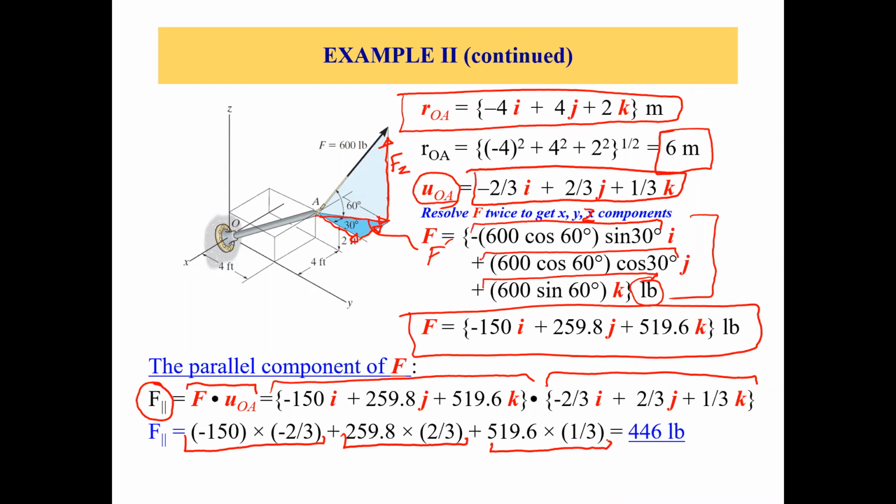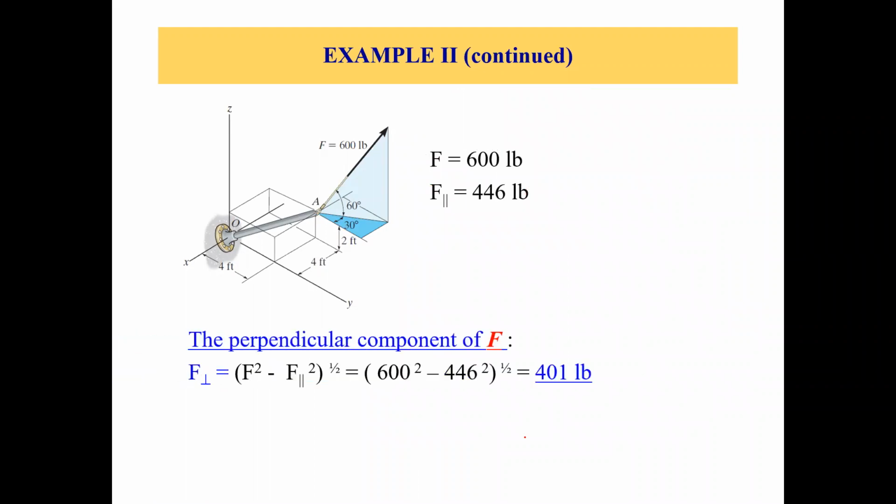Once you do that, you get 446 pounds as the F parallel. So this is the component of this force F which is parallel to this pole OA.